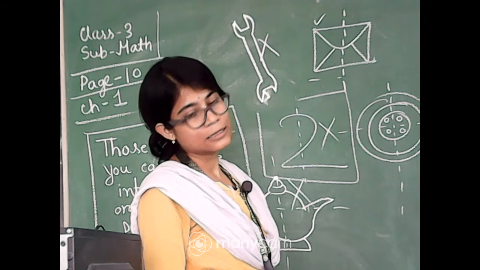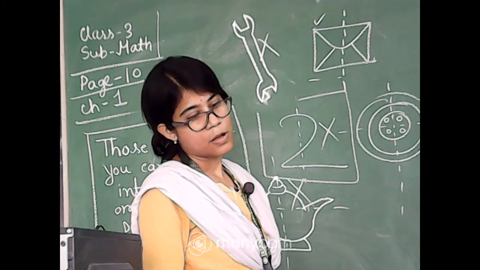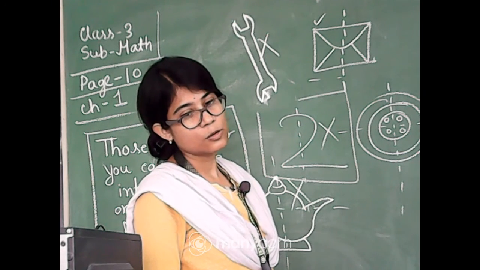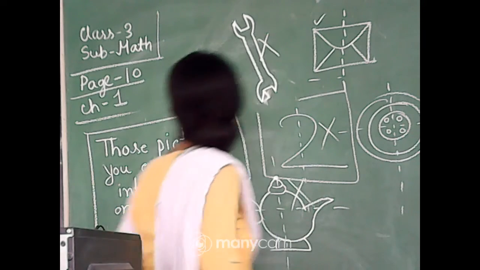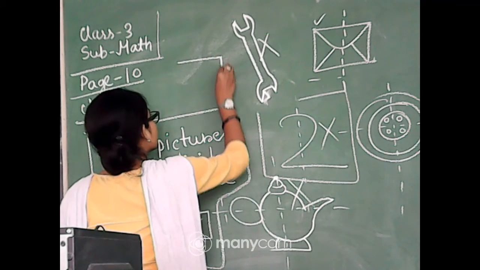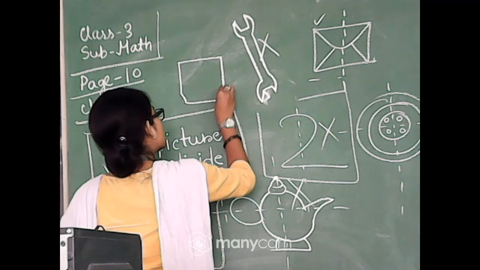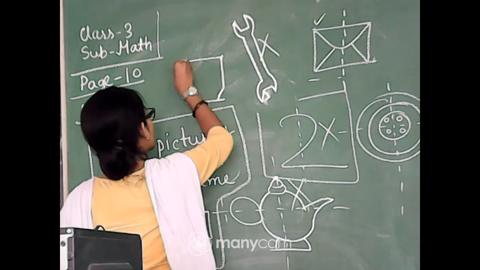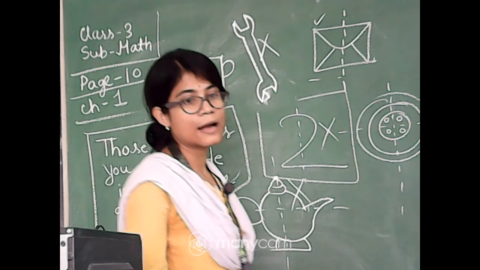Cup you can't, because look at the shape of the cup. The lower part is like this, a little bit this. So this shape and this shape are not the same. So you can't divide it into two similar halves.